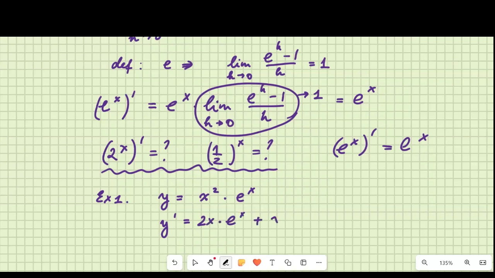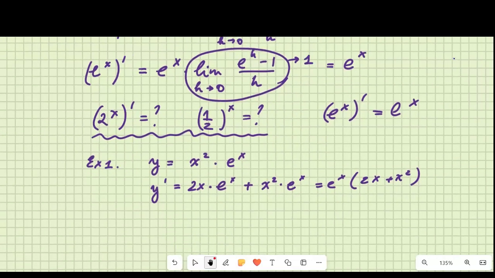Then plus, copy my first function, and differentiate my second function. The derivative of e to the power of x is still e to the power of x. That's going to be my derivative. We can simplify it a little bit by writing e to the power of x up front and copying 2x plus x squared over here.